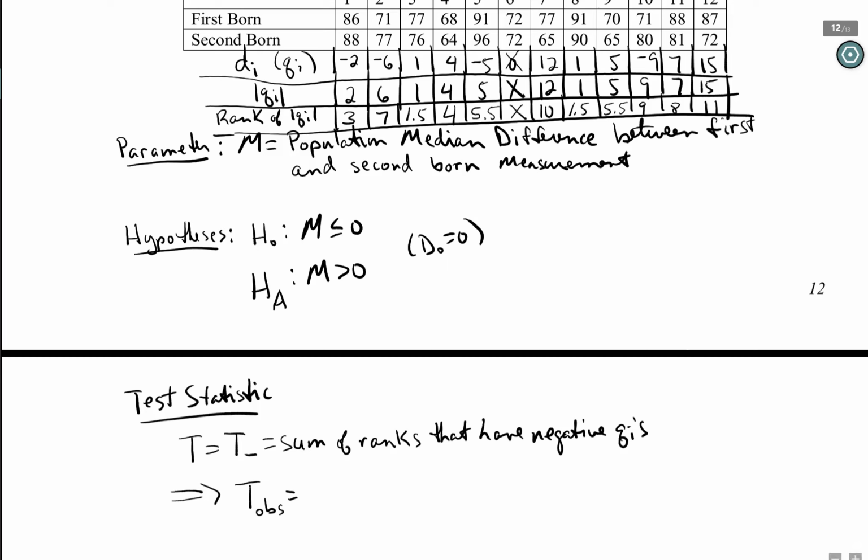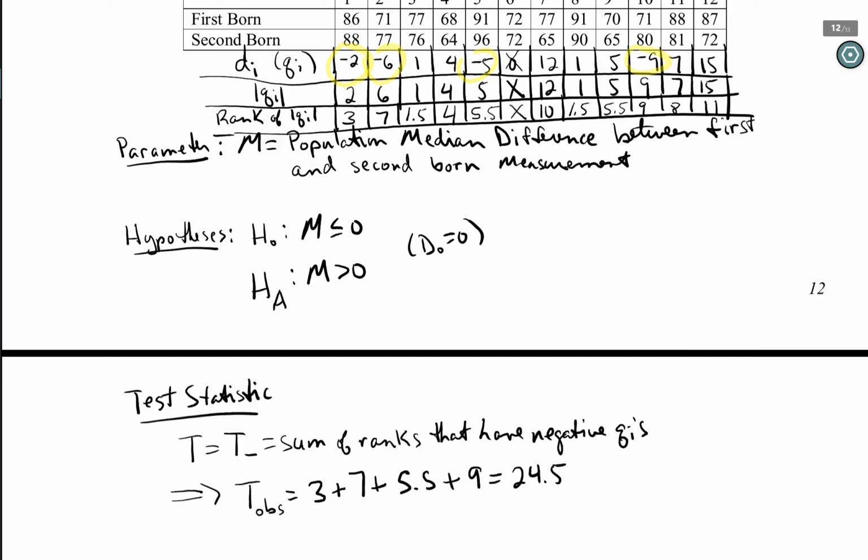So I had a negative Q here, here, here, and so forth, and here. And so I'm going to add the ranks that correspond to those values. My observed test statistic is going to be, what was the rank? I've got a rank of 3, plus a rank of 7, plus a rank of 5.5, plus a rank of 9, which is 24.5. Okay, so that's my observed test statistic.